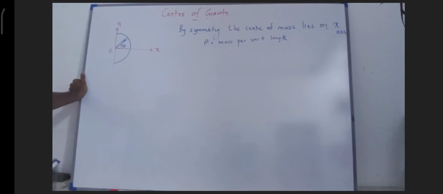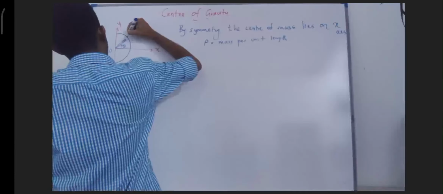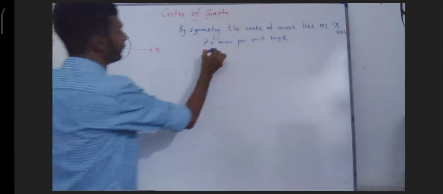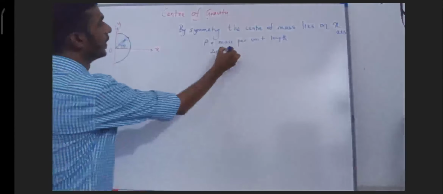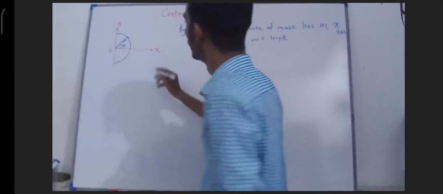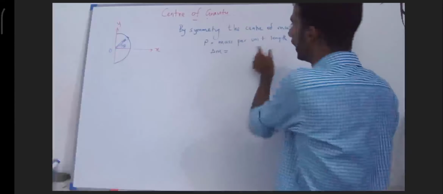Now I'm going to take this piece, the mass of this piece. So delta m will be equal to a into delta theta, into rho.